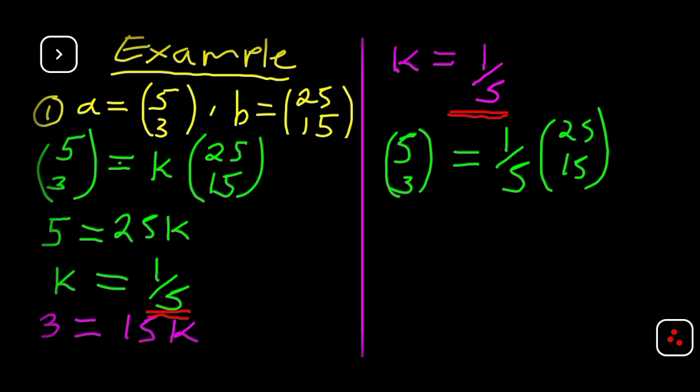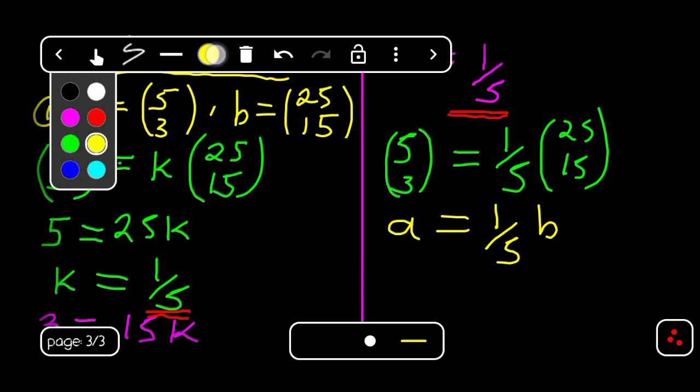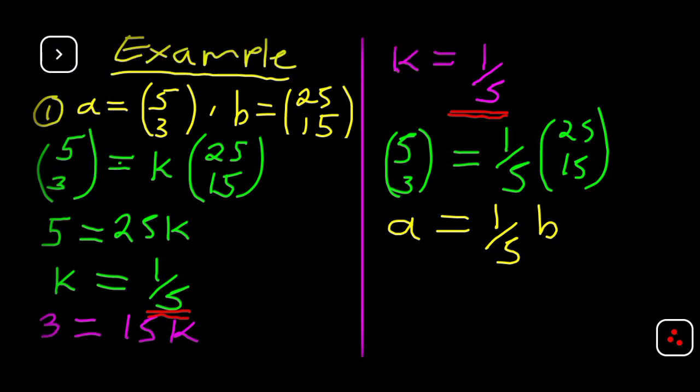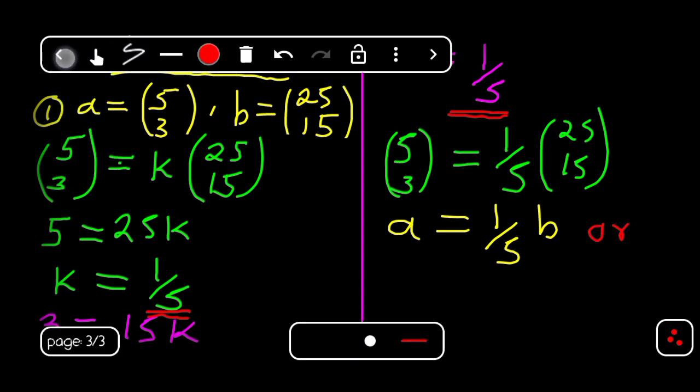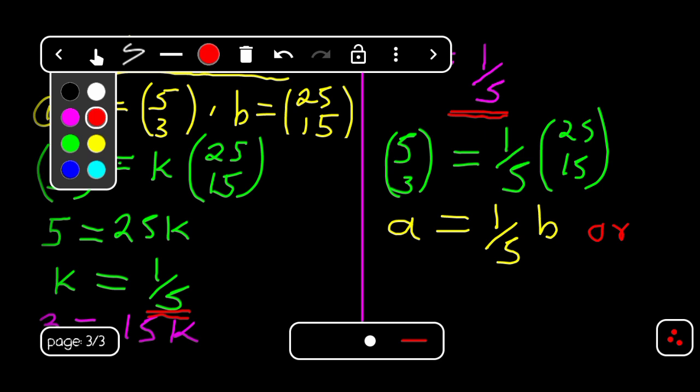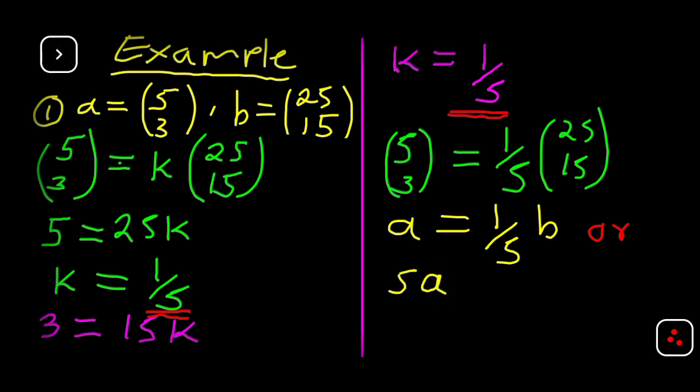Therefore, we can also say that A is equal to 1/5 of vector B, or we can say that 5A is equivalent to vector B.